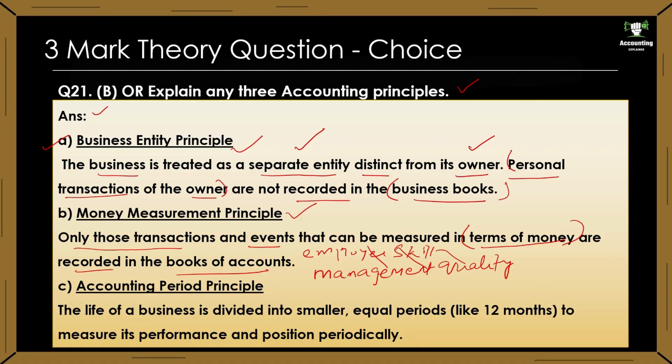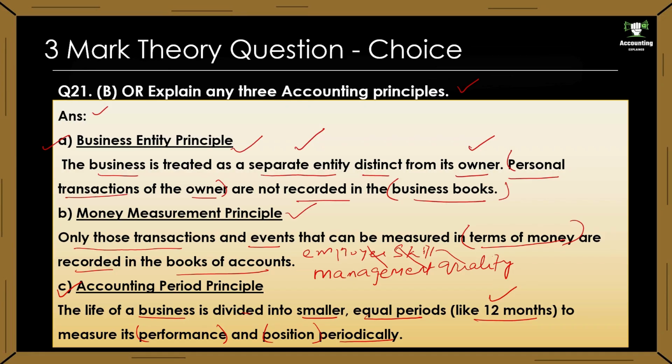Next, third principle which we are going to take is accounting period principle. The life of a business is divided into smaller equal periods like 12 months to measure its performance and position periodically. A business has a long life. We start a business so that we can run it for a long period of time, right? But we divide it into smaller periods like 12 months.